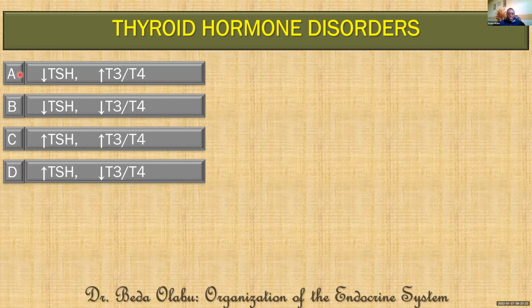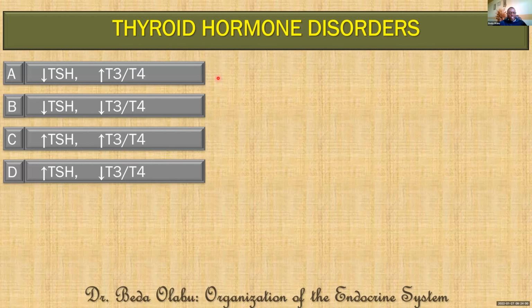There are others that you can also check. The arrow looking down means that the level is low, and the arrow facing up means that the levels are high. So for example, patient A has low levels of TSH and high levels of T3, T4. Patient B has low levels of TSH and low levels of T3, T4. Patient C, high, high, and patient D, high, low.